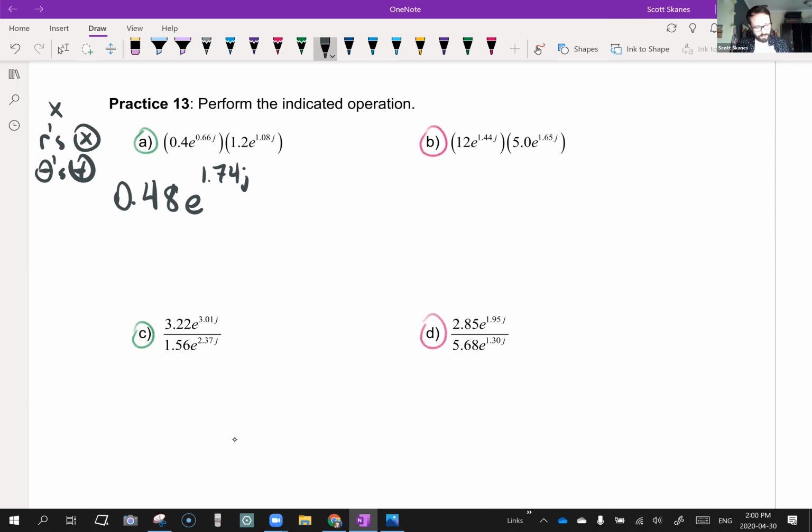All right, just in case you're any bit not sure about this, these together give this, and the reason for it is that 0.4 times 1.2 and 0.66 plus 1.08. This is the big idea here. We've already done that in polar form. We saw it again in exponential. It's a nice case where everything kind of connects back to each other.